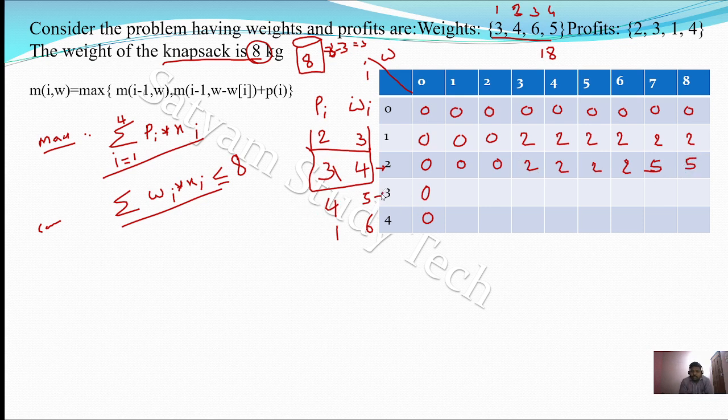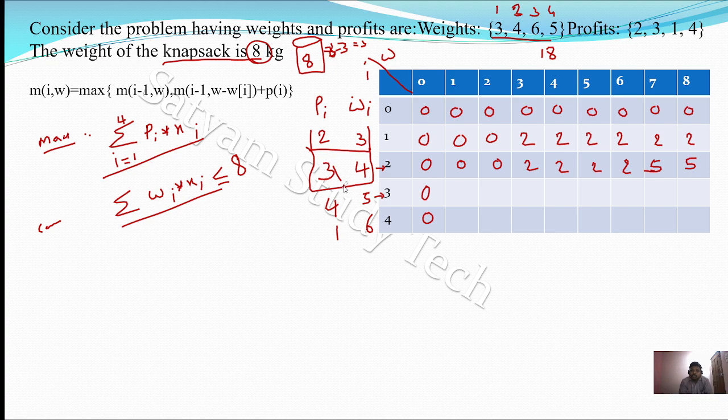Now in this row, you can consider this object along with all the other objects. But here you can see this object's weight is 5, plus 4 is 9, plus 3 is 12, but the bag capacity is 8. So you consider the objects with which you can get the maximum profit.